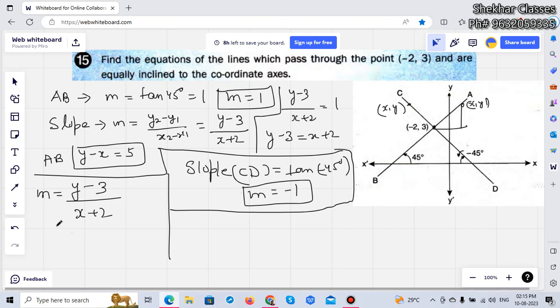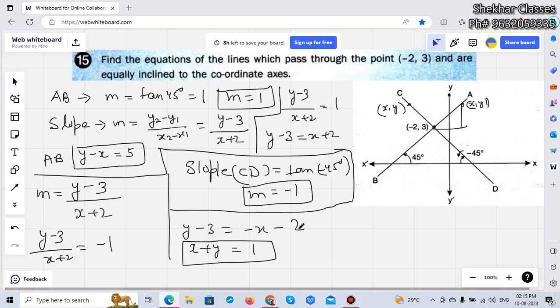For this one also it is the same thing, but here the slope is minus 1, so we say y minus 3 upon x plus 2 is equal to minus 1, and when you solve it, y minus 3 is equal to minus x minus 2. So we can say x plus y is equal to 1. This is the equation of the second line, for CD.